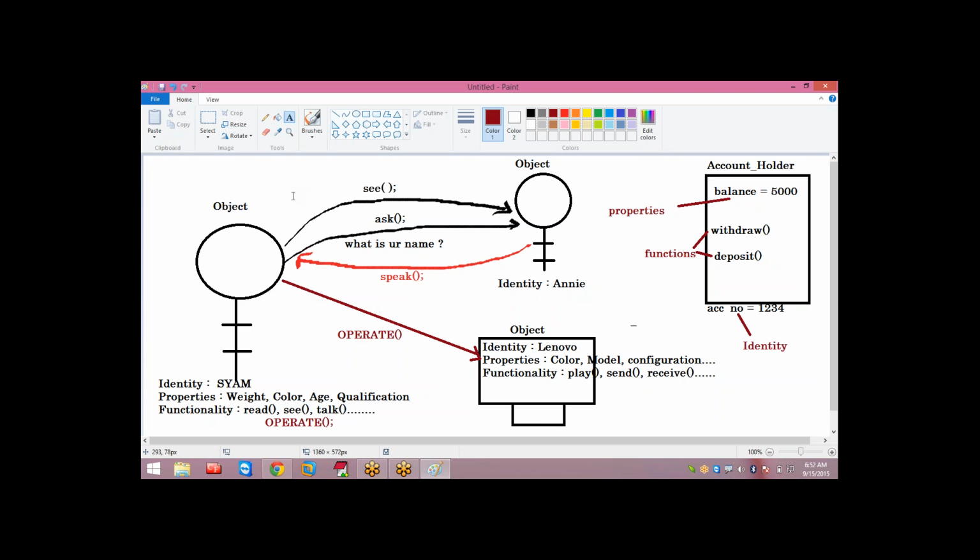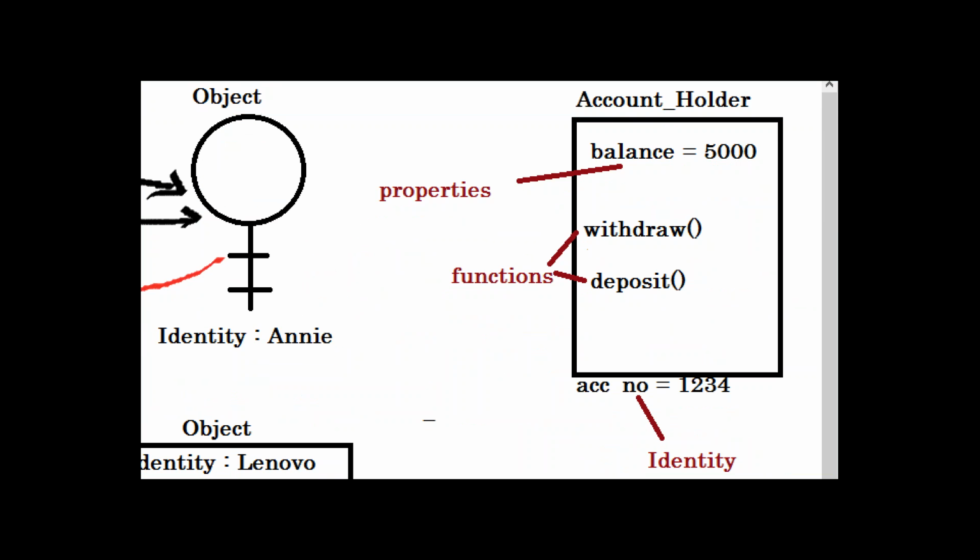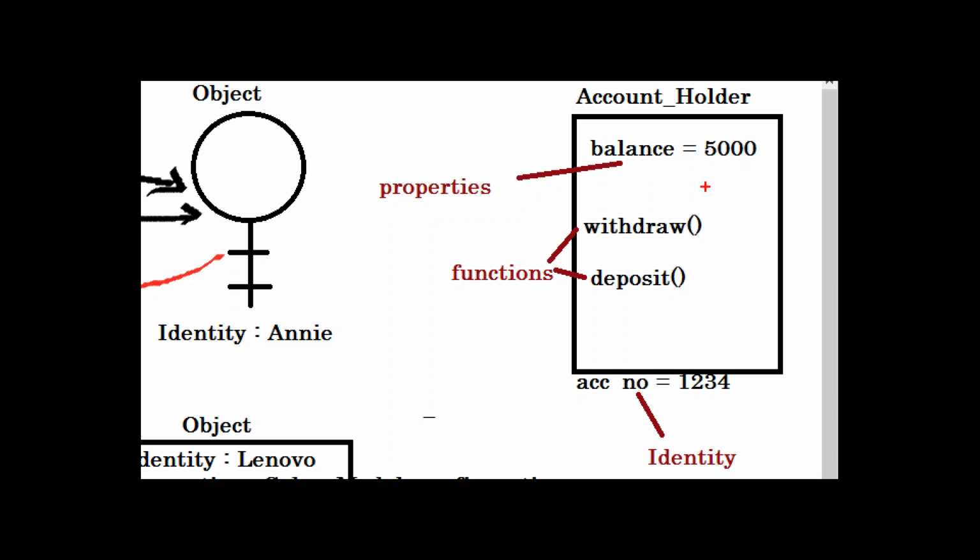And in this case also, see, for example, balance is there. I want to access the properties, like name, color. All these are properties. For example, I want to change the balance in my account. I have an account with a balance of 5,000 rupees, and I want to change it. How can you change the balance?